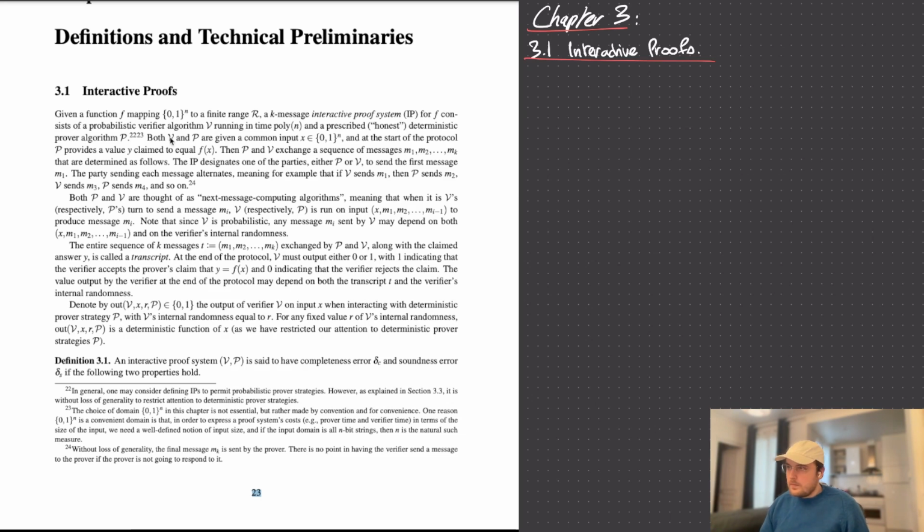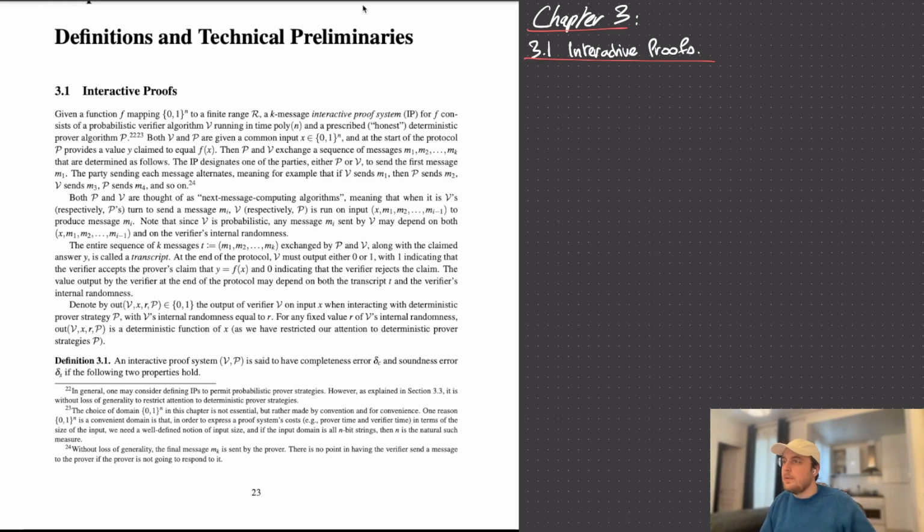Let's go. So, interactive proofs. Given a function f mapping {0,1} to the power of n to a finite range R, a k-message interactive proof system IP... Whoa. What are you talking about?